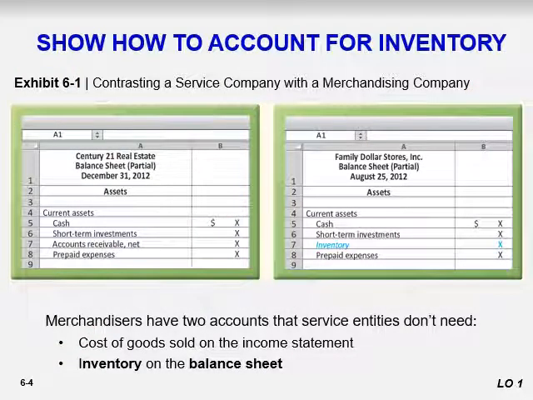You can see the balance sheet of a service company and of a merchandiser as well. In the Century 21 Real Estate balance sheet, you see there is no inventory, but if you see the merchandising company, Family Dollar Stores Incorporation, you see inventory.